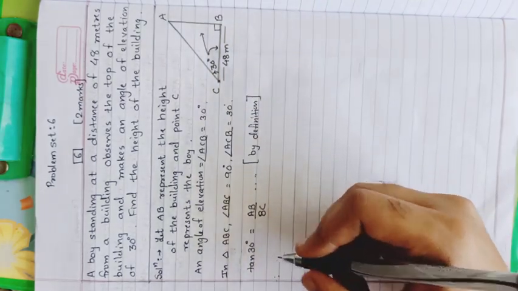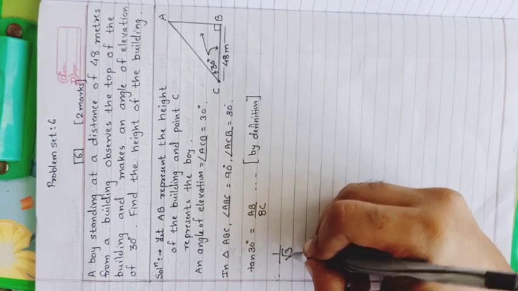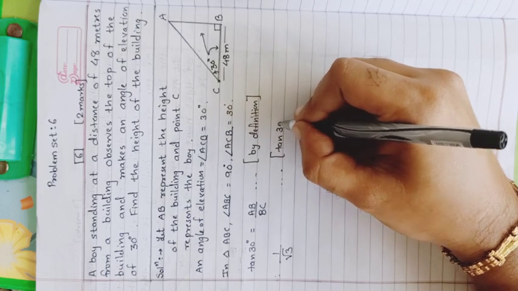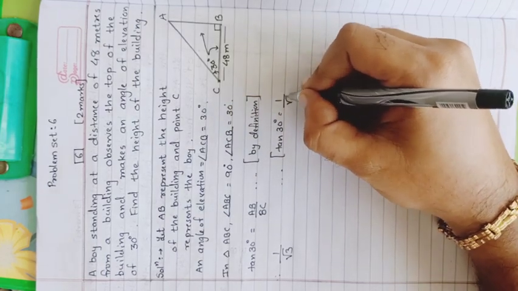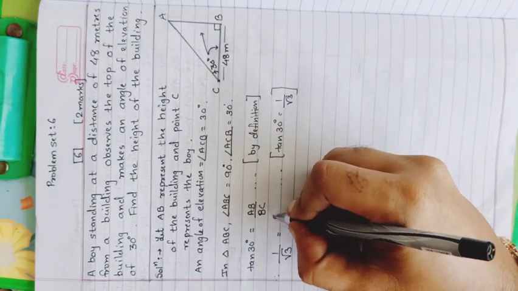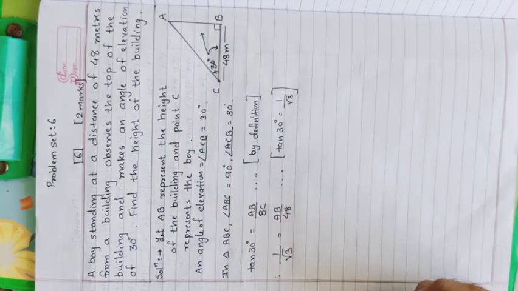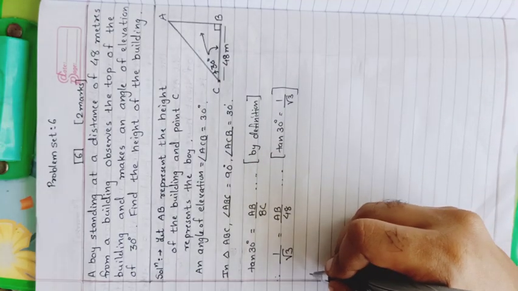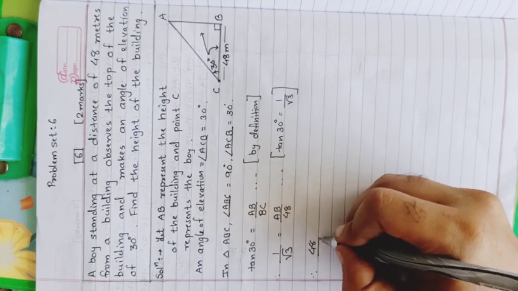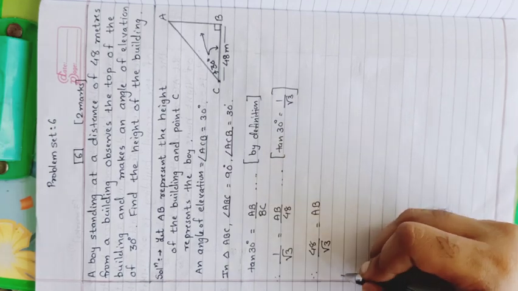Now tan 30 value is 1 upon root 3. That is also the reason. Tan 30 degrees equal to 1 upon root 3 equals AB upon, what is AB? AB we don't know, but BC we know, which is 48. Now cross multiplication, 48 ones are 48 upon root 3 equal to AB.